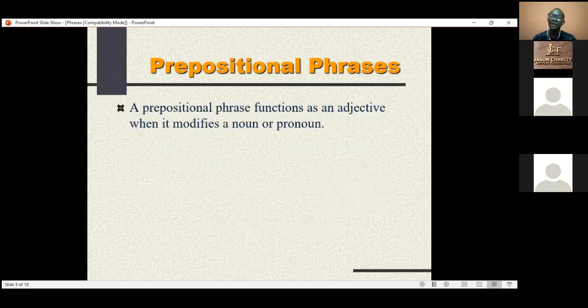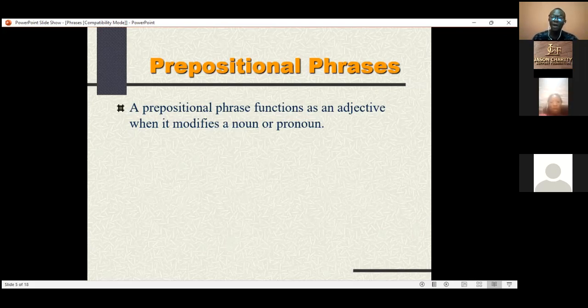Prepositional phrases. A prepositional phrase functions as an adjective when it modifies a noun or pronoun. Now, what do we say an adjective is? Anybody there? What is an adjective? An adjective is a word that modifies or qualifies a noun, that tells us more about what?